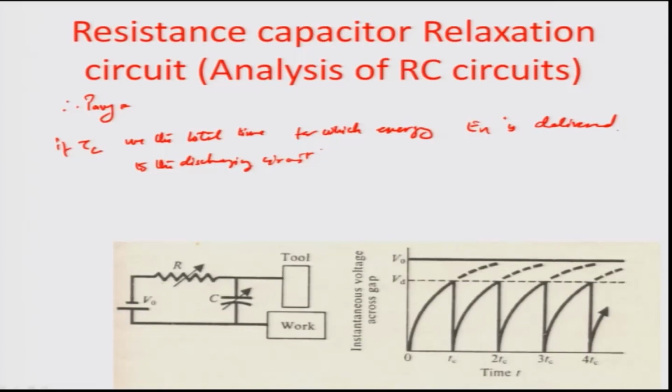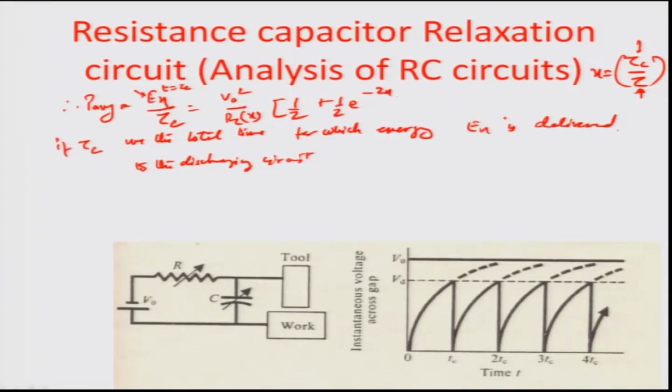then obviously the average power here could be En by Tc, and I can easily express it by substituting the value of En corresponding to the time t equal to Tc here as V0 square by RC times some value x, where x we have assumed to be the time ratio Tc and tau, tau being the time constant RCC and Tc being the total discharging time for the capacitor, times (1/2 plus half e to the power of minus 2x minus e to the power of minus x).